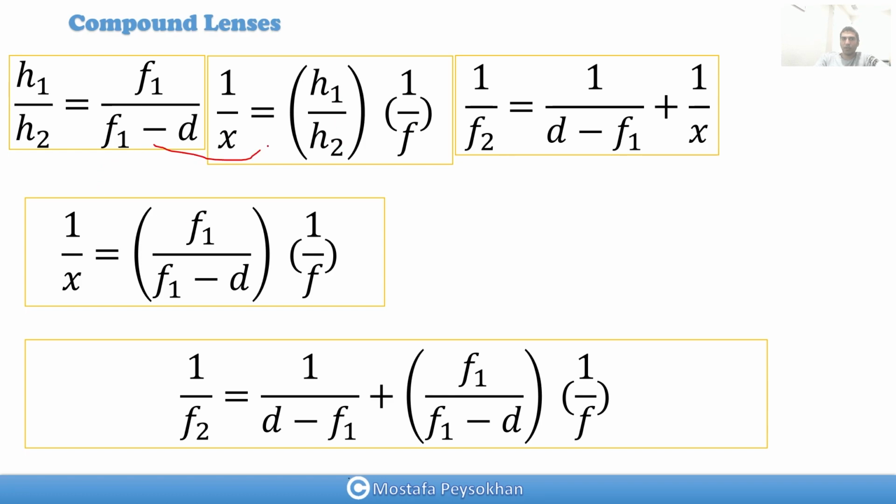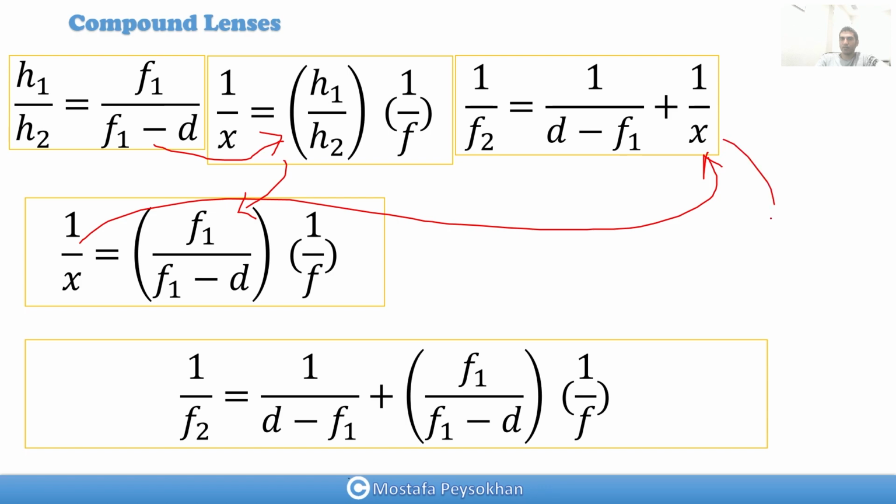So we plug h1 over h2 here, and we get 1 over x is equal to f1 over f1 minus d times 1 over f. And then we plug 1 over x here. So we have 1 over f2 equal to 1 over d minus f1 times 1 over x, that we have f1 over f1 minus d times 1 over f.